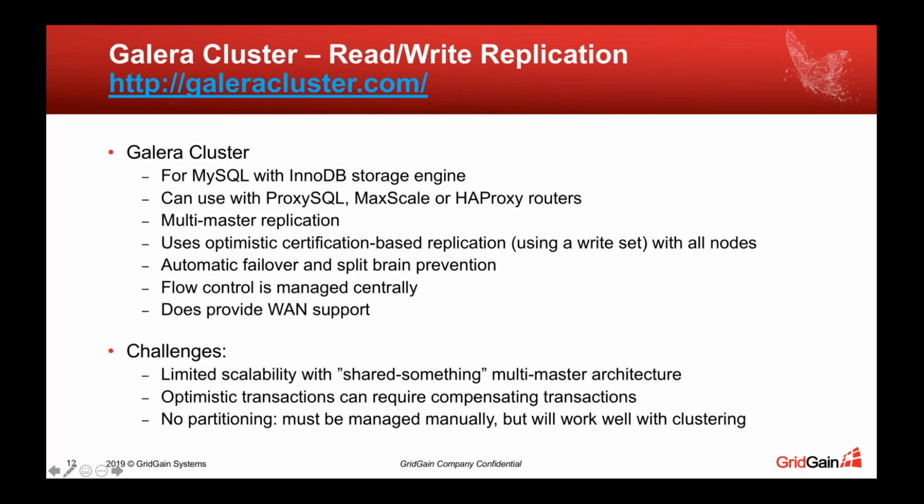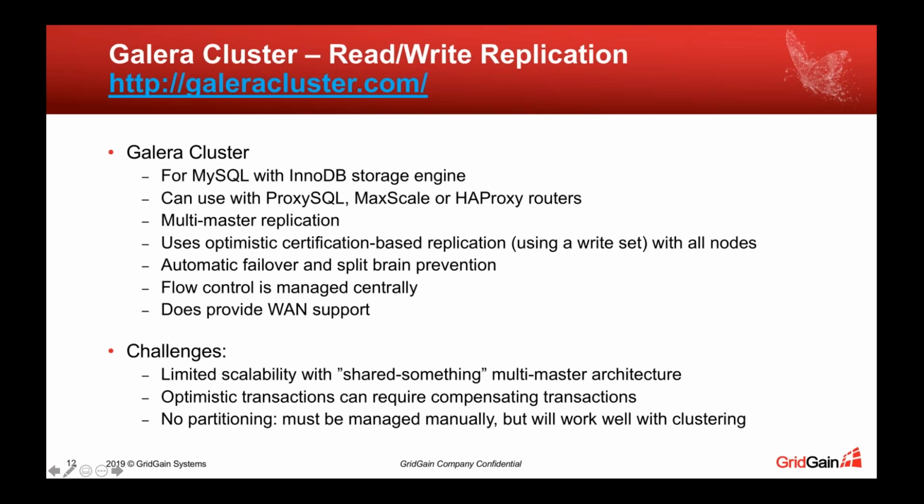Just like InnoDB cluster, it does automatic failover and split brain prevention. The flow control is better in that it's managed centrally, and it does provide WAN support, so it does things like filtering across the WAN. The challenges are somewhat similar as well because it is a shared something architecture, a multi-master architecture, basically.